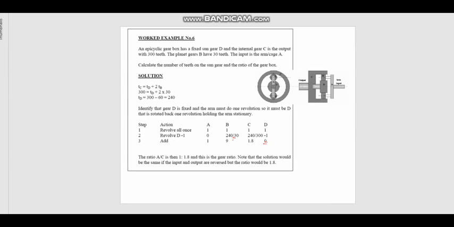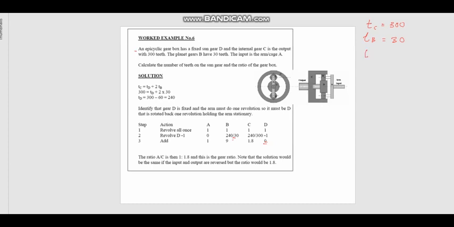Right? So an epicyclic gearbox has a fixed sun gear D. So the sun gear is D, and the internal gear C is the output with 300 teeth. So it's given that TC is equal to 300, and the planet gear, so the planet gear is B, so TB is equal to 30, and the input is the arm A. Calculate the number of teeth of the sun gear.